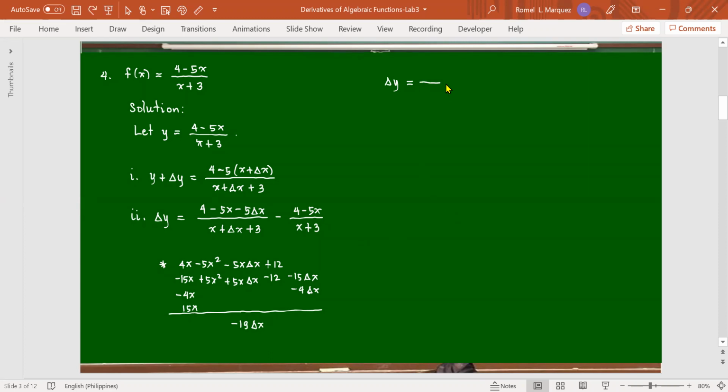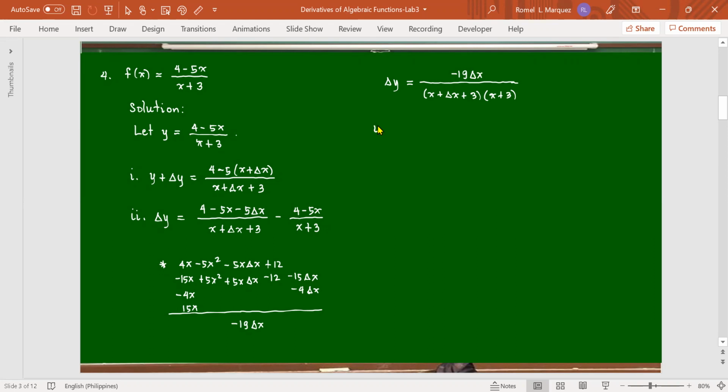As a single fraction, the denominator is x plus delta x plus 3 multiplied by x plus 3. The numerator is negative 19 delta x. Okay?